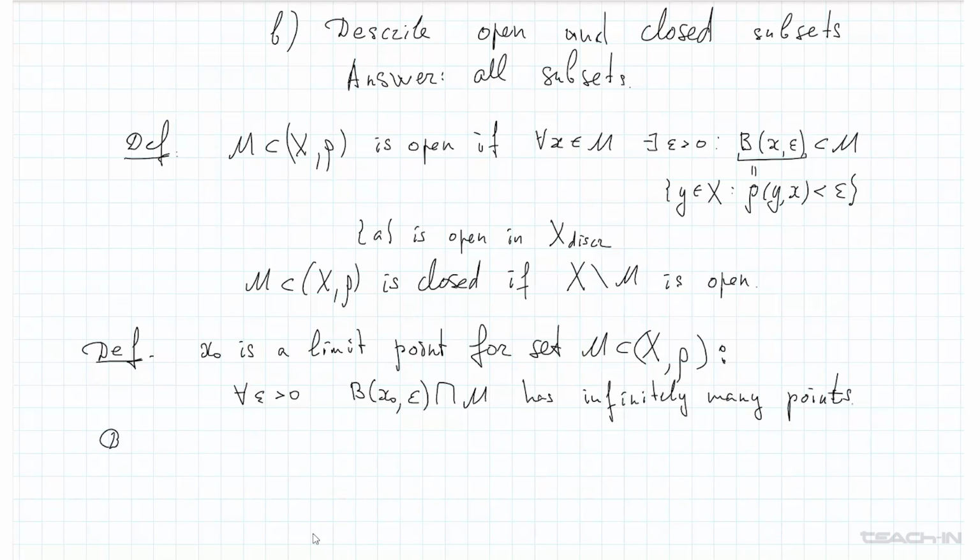And the following definition, just from the limit points, the closure. I'm sorry, why do we have infinitely many points? If we have a finite topology, we can still have limit points, can't we?